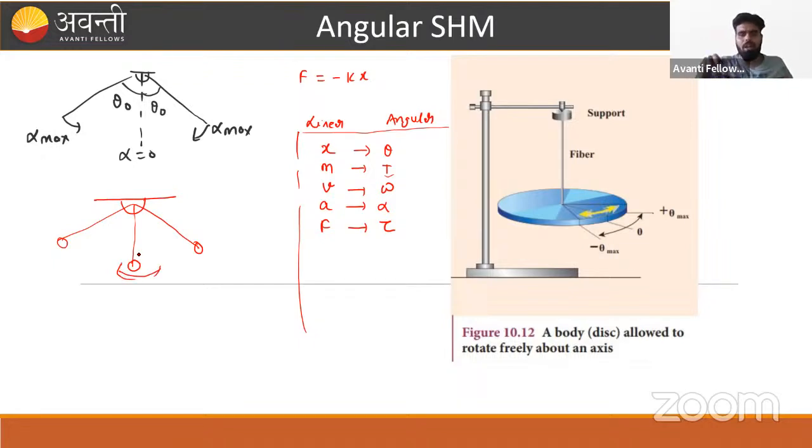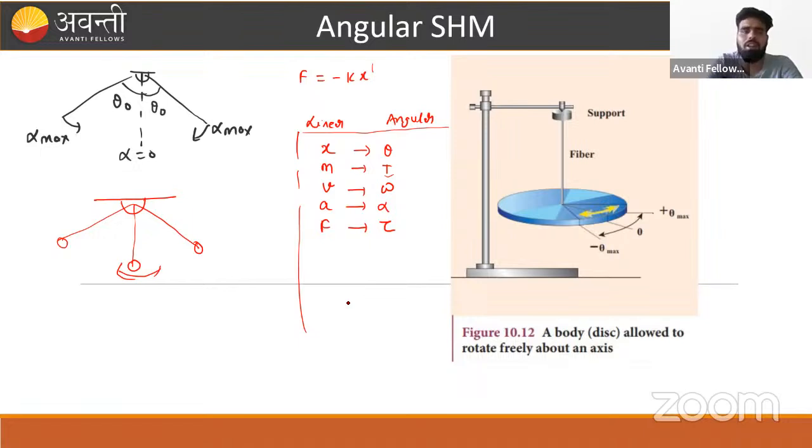The bob is not moving in a straight line, it moves about a point. Such type of motion is to and fro, the amplitude is small, and the force is proportional to single power of x. Here the role of force is performed by the torque, and torque is proportional to single power of theta.